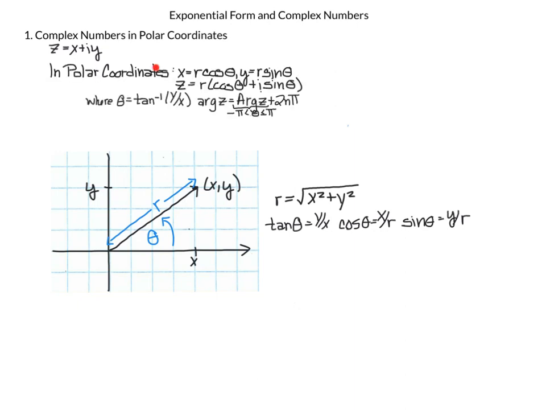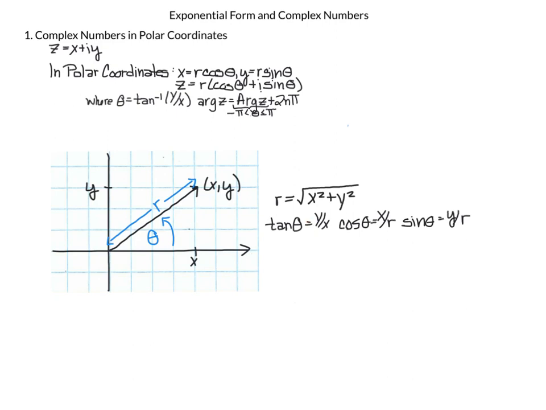So in polar coordinates, using this formula here, x will be equal to r cosine theta. Y is going to be equal to r sine theta. So z is equal to x, which is r cosine theta, plus i sine theta. We also have theta is the inverse tangent of y over x.